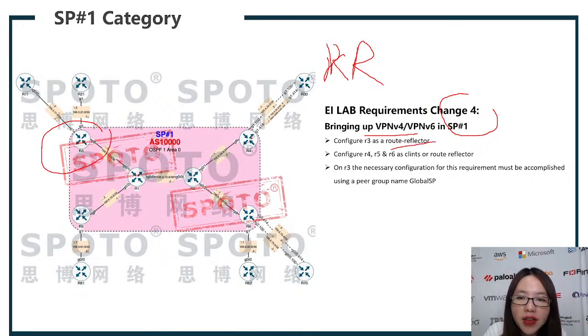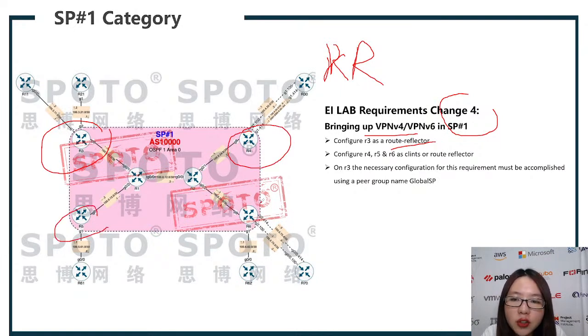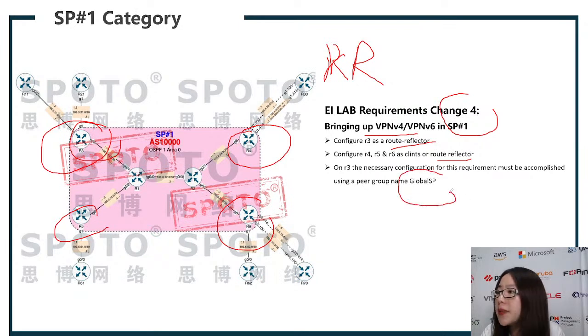Second, we should configure router 4, 5, and router 6 as route reflector clients. Thirdly, on router 3, the necessary configuration for this requirement must be accomplished using a peer group named Global SP.